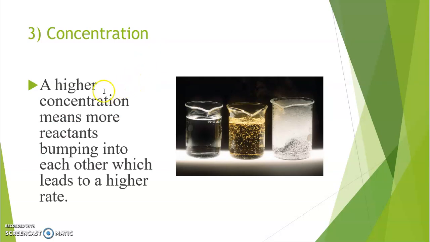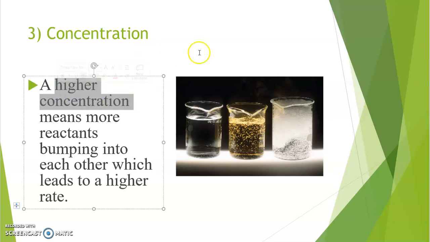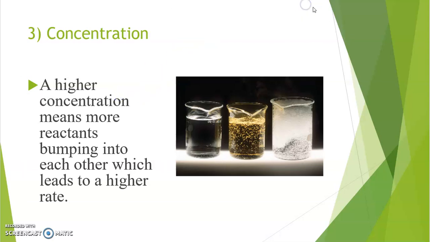If I increase the amount, which leads to higher concentration, it means that you will have more reactants. More reactants means more collisions. They will collide more. They will bump into each other more. They will come closer and into contact with each other and collide.